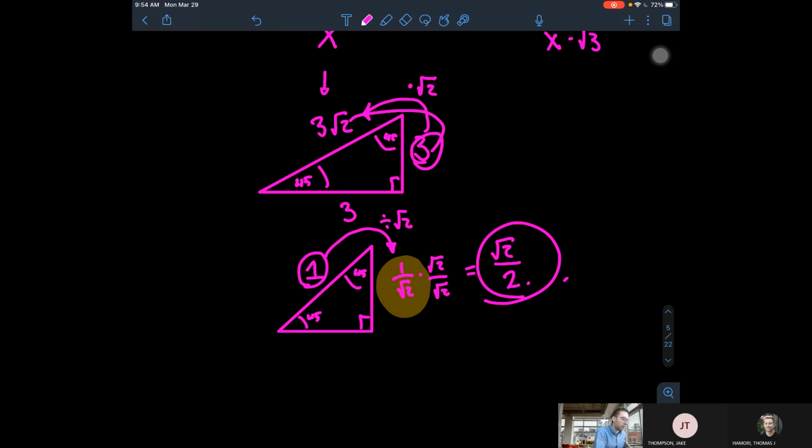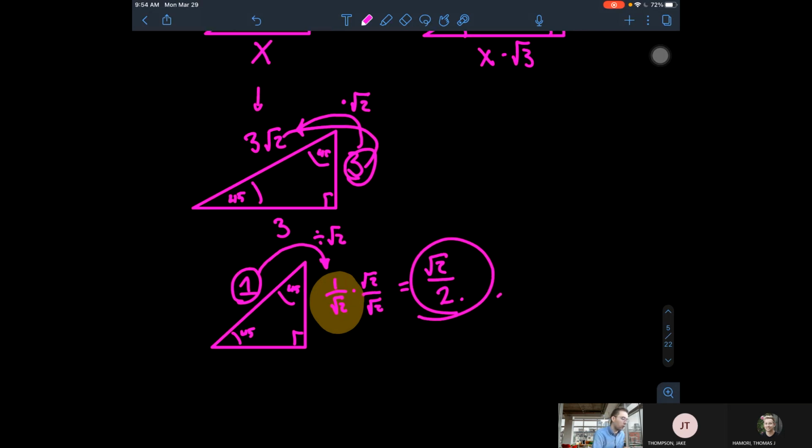And if we want to move from the hypotenuse to one of the sides, we should divide by the square root of 2. This is how we find out what the other side lengths are without having to use the Pythagorean theorem and that sort of stuff. With these special right triangles, we know what the relationship is between the sides. We know how to move from one side to another side.